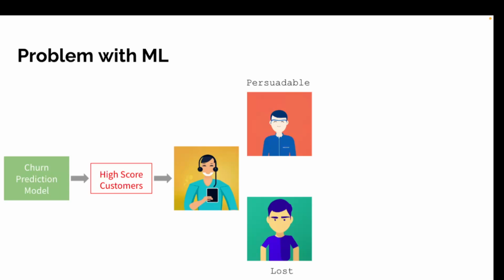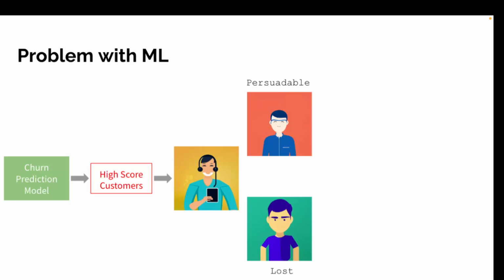And the lost segment is labeled with ones in the new sample. So they will get, again, a high score, ideally, if the model is good and everything, right? So it will get a high score, the lost people. And we will call them.